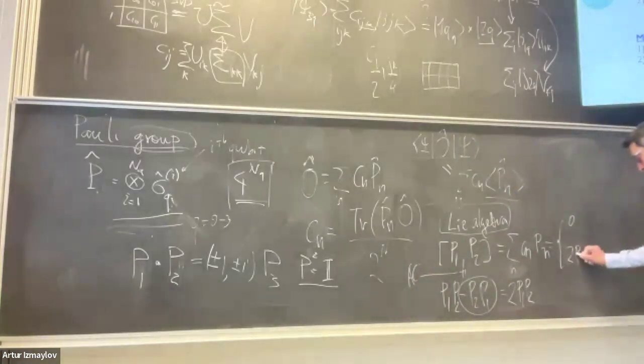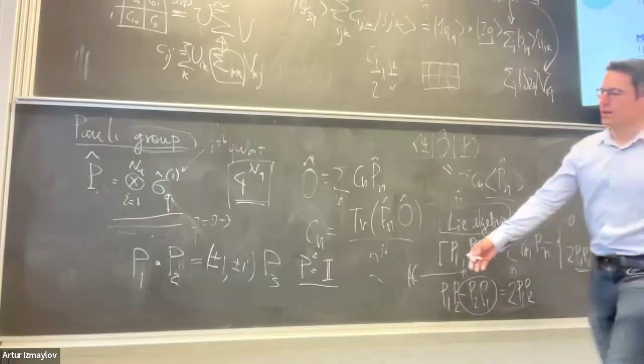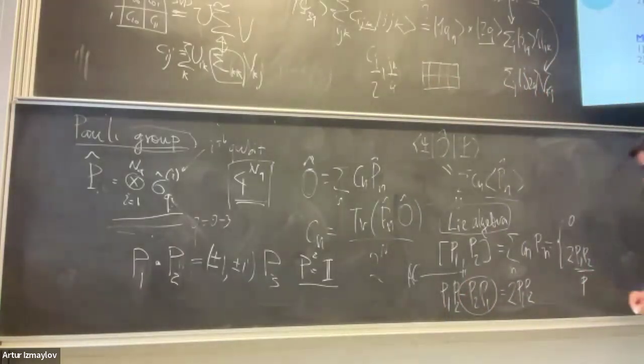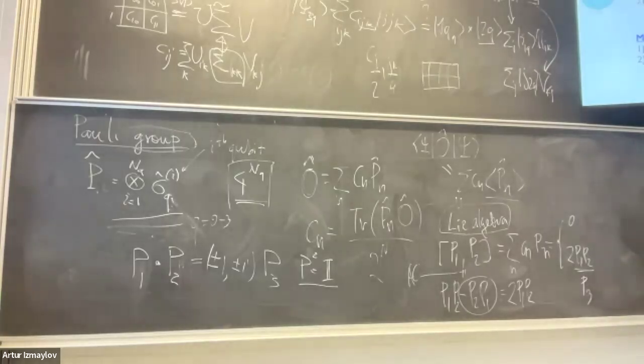And P1 P2, as we know from here, is again some P from the set, P3, up to a constant which is plus minus 1 or plus minus i. It doesn't really matter. That constant times 2 could be absorbed in the coefficient, and essentially the sum is very simple. It's just a single term or 0, right? So this is the commuting case, and this is the anti-commuting case.